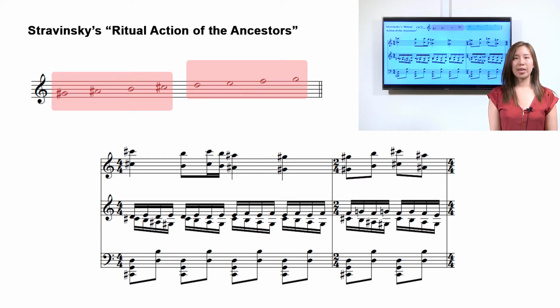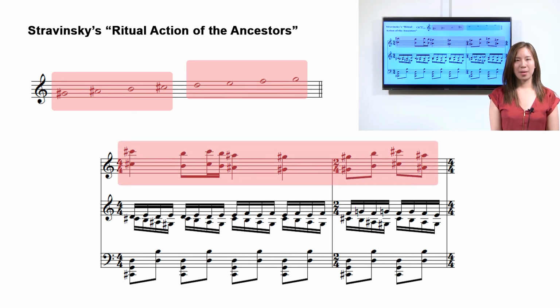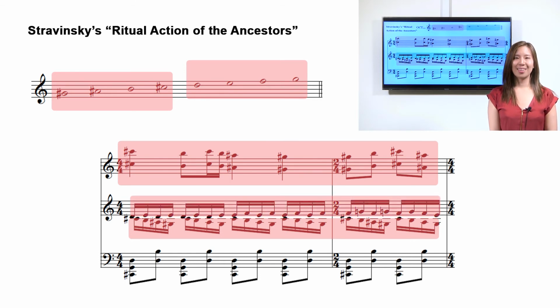The G sharp, A sharp, B, C sharp tetrachord is played as the melody in the top line. The ostinato figure in the middle register combines two tetrachords, the C sharp, B, A sharp, G sharp scalar descent, and the ascending auxiliary D, E, F, G pattern.